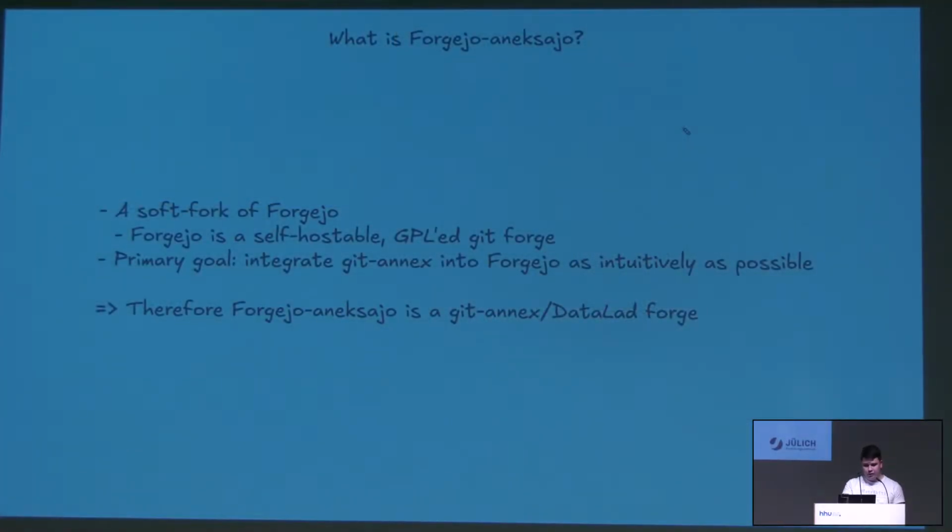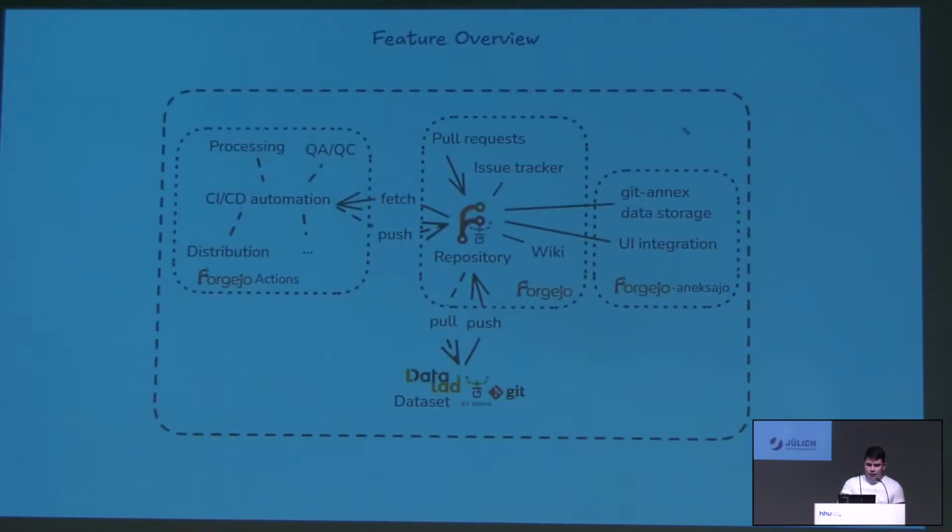So Forgejo-aneksajo is a git-annex/DataLad forge. I've brought a small overview of the features you get. From Forgejo, you get all the collaboration stuff: repositories, pull requests, issue trackers, a wiki. There's a CI system directly attached to Forgejo and developed as part of the project, which is Forgejo Actions.